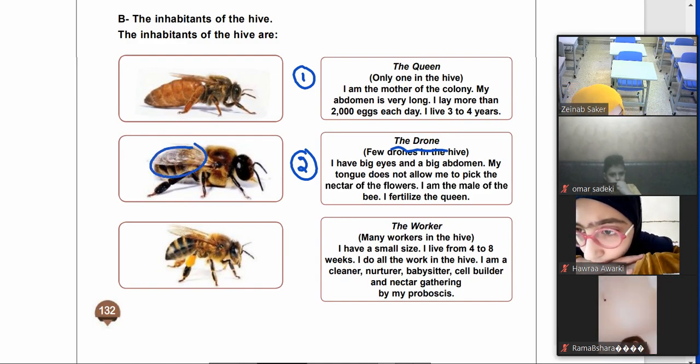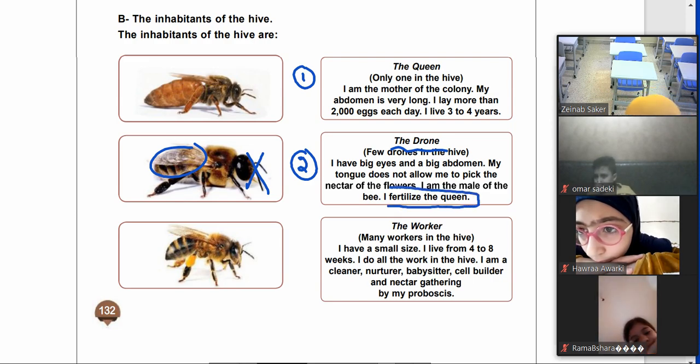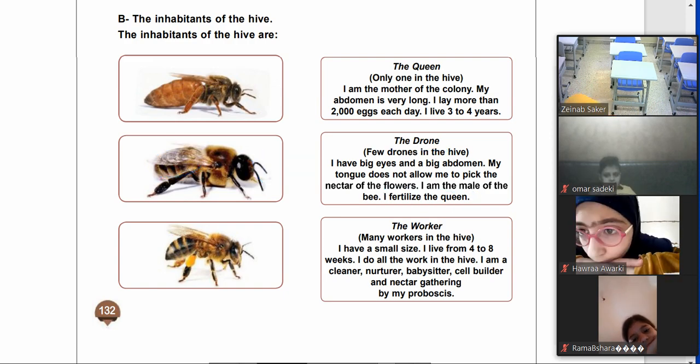Its tongue does not allow it to pick the nectar of flowers. It cannot collect the nectar. What is its role? It is the male of the bee, as we said. It fertilizes the queen. It mates with the queen.